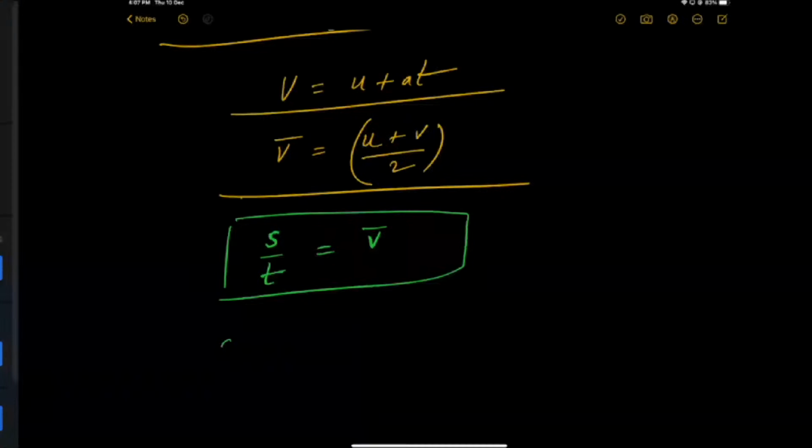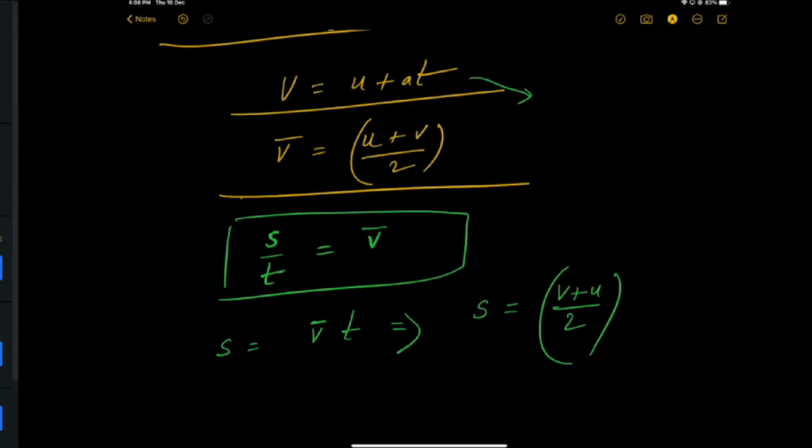Okay, you have this equation. So what is s equal to? s equals average velocity into time. Now, if I want to eliminate t in this equation, what will I do? I'll write s equals, in place of average velocity, v plus u by 2 or u plus v by 2, into time. And if I want to eliminate time here, what is time? So it is v minus u by a equals t, right?